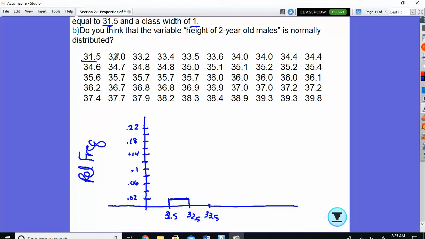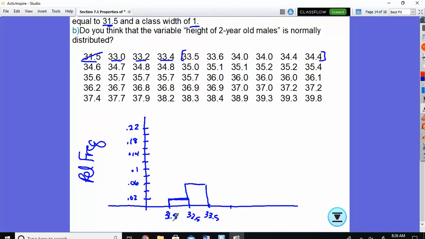How many do we have in that window? And it would have to stop right before the 33.5, right? So that gives me 3 in that window, which is 0.06. 3 out of 50.